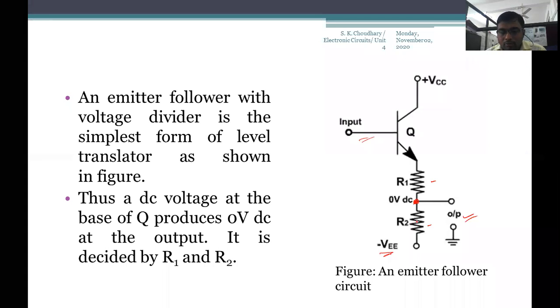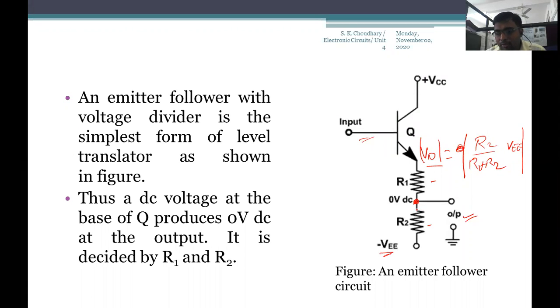So it is very much clear that R2 upon R1 plus R2 times VEE, which is negative, would be the output voltage according to the voltage division network. If you take the amplitude, the positive sign is there. In this way, the values of R2 and R1 would be decided, so that the output voltage is 0.